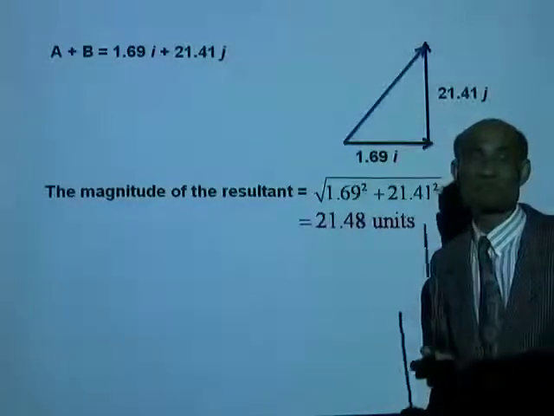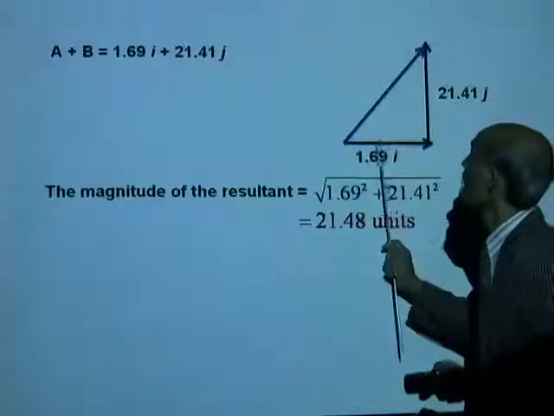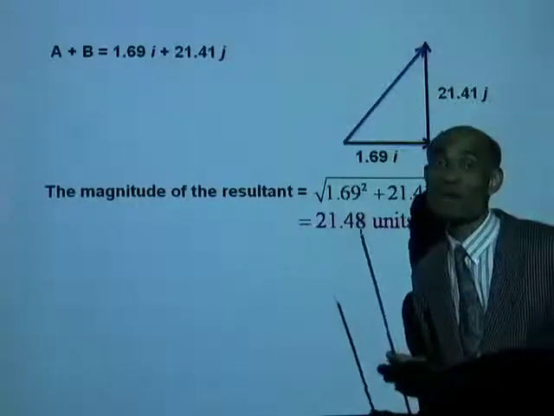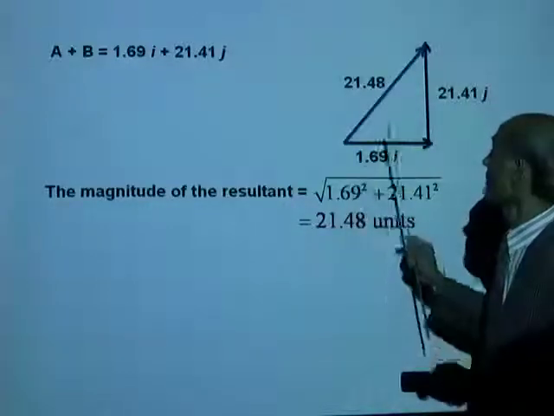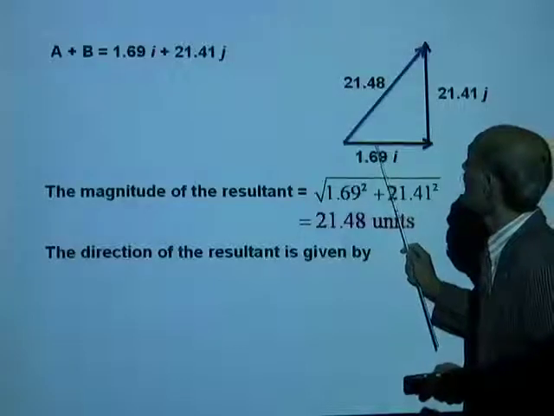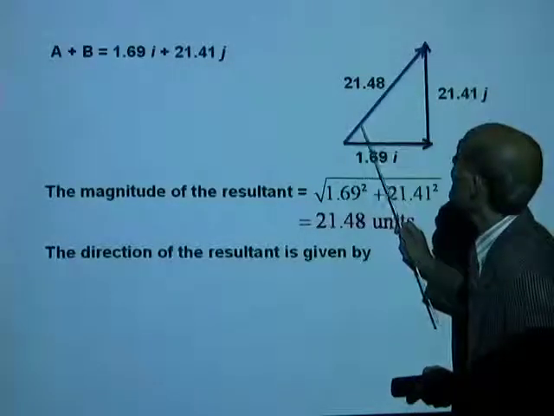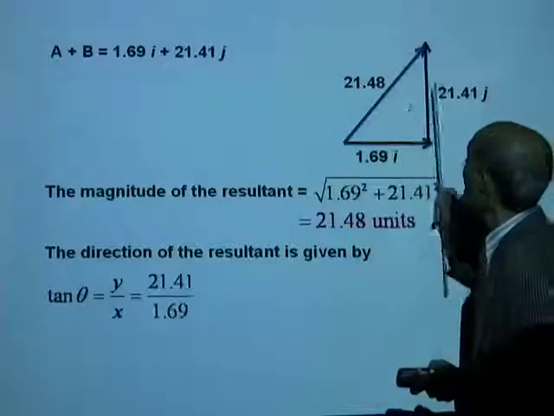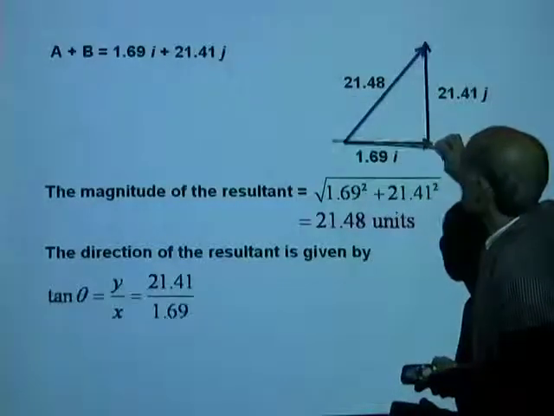What is the direction of this vector? How do you find the direction? Well, the direction of the resultant is given by the angle theta here, and tangent of that angle theta is y over x.